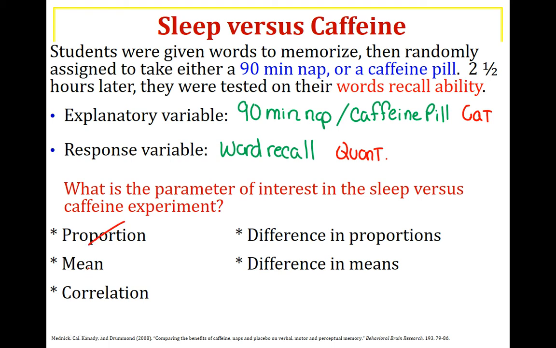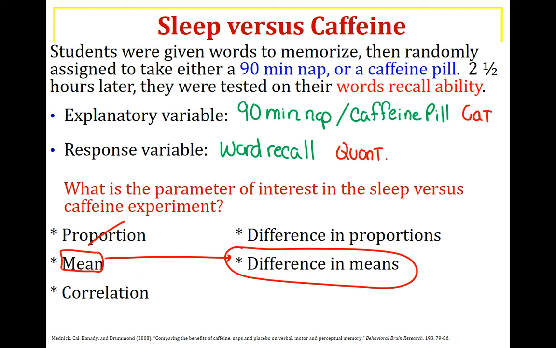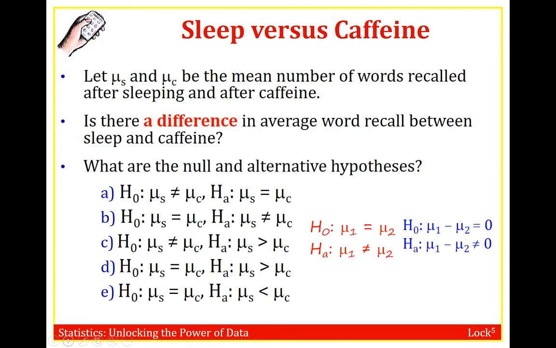You can have a mean, but we need the difference in means. So this mean is singular. This mean is two means. We're going to take mean 1 minus mean 2. If you have two groups and you're measuring a quantitative value, it's always going to be the difference in means. Always.